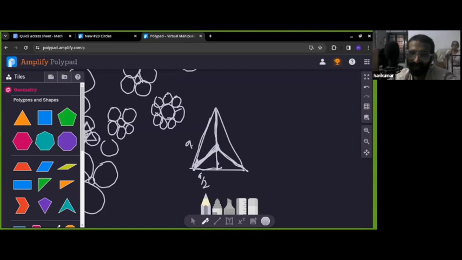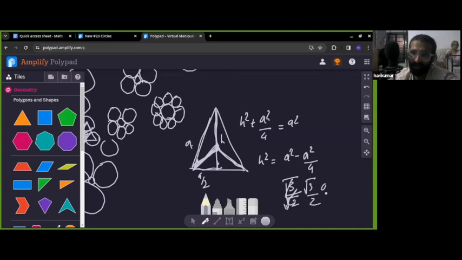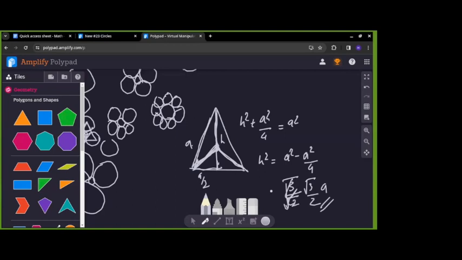This square plus this square equals this square: h squared plus a squared by 4 equals a squared. So h is root 3 by 2 a. Correct. Now this is the length of the median.